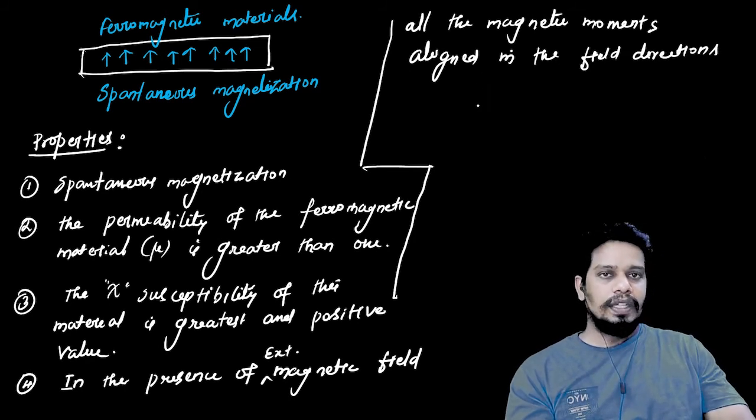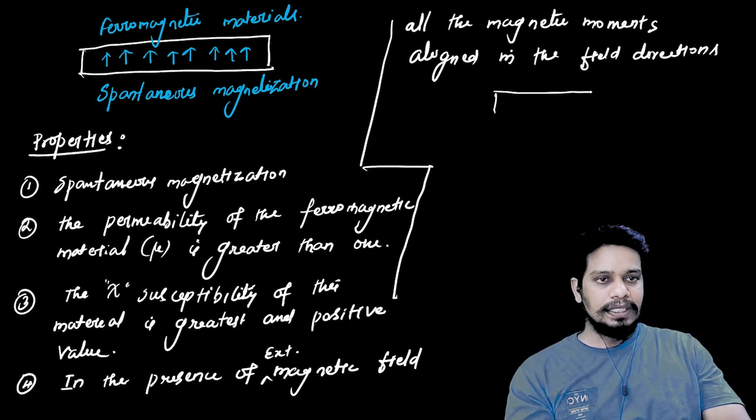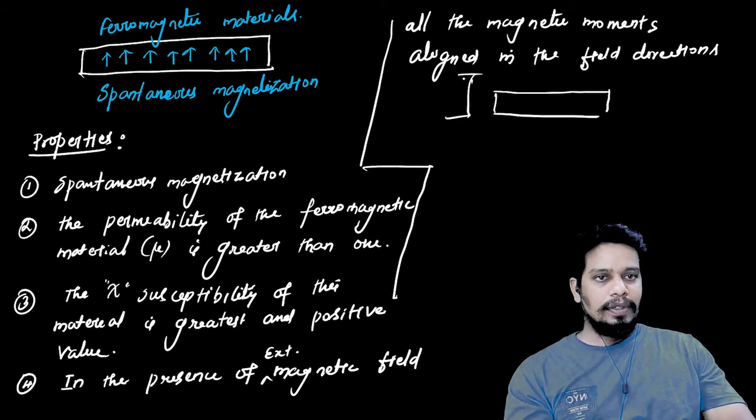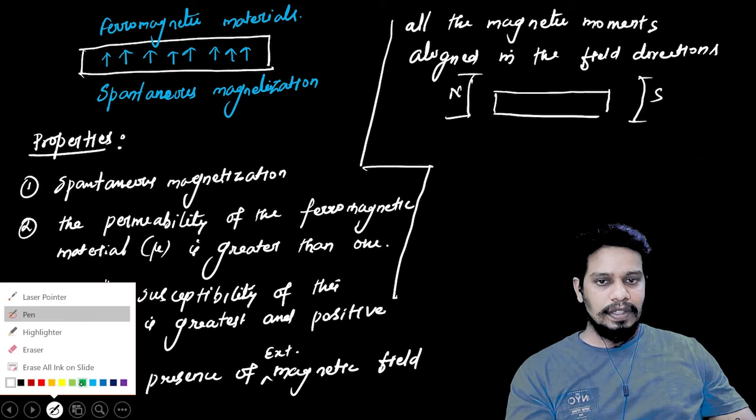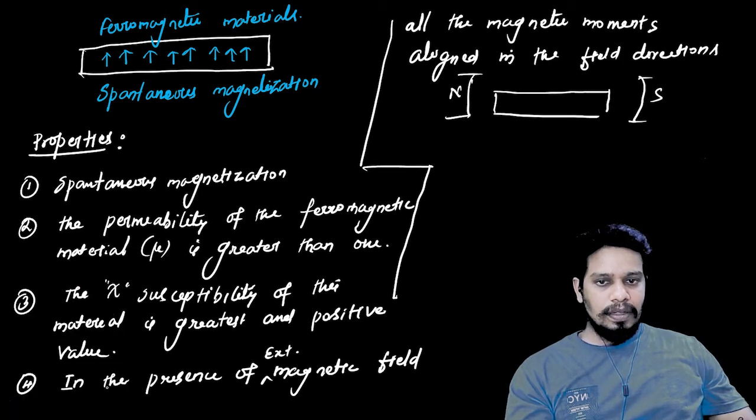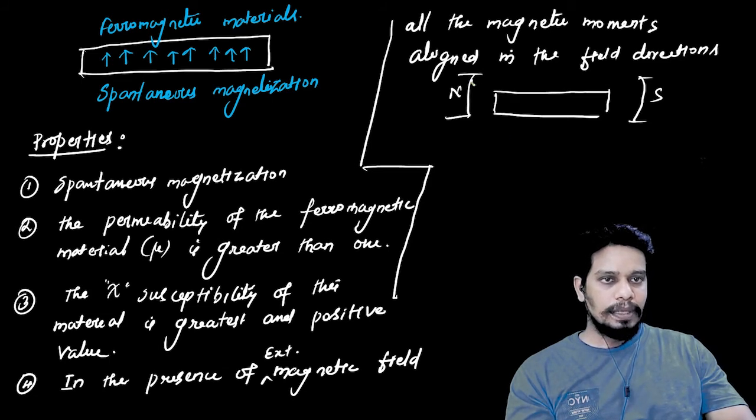Suppose you are placing the ferromagnetic material here and applying the magnetic field, maybe you can take the north pole here and the south pole here. The magnetic field emerges from the north and ends at the south, so all the magnetic field lines pass through this ferromagnetic material.